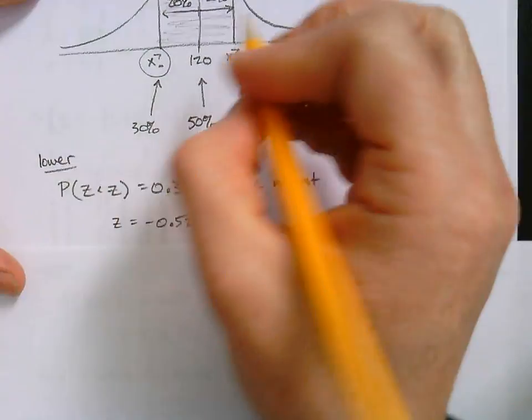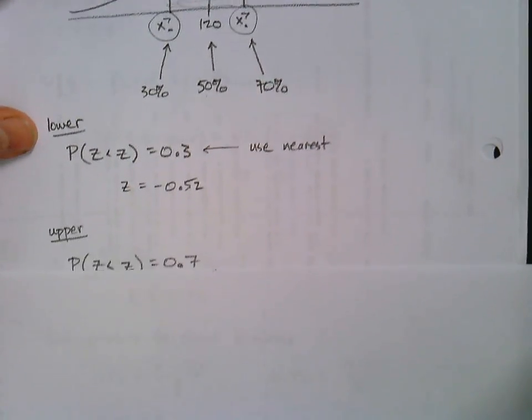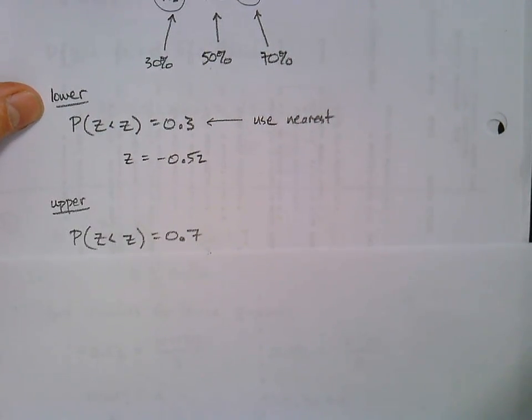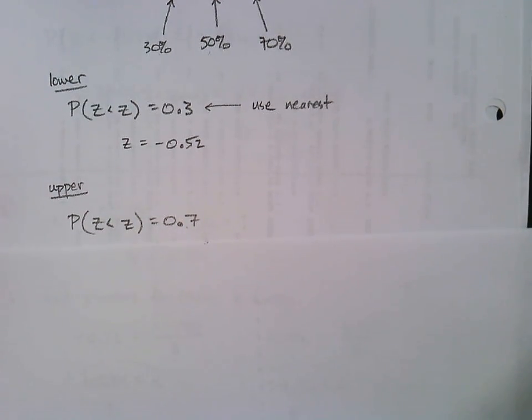I'm going to find the z-score for the upper. So I know that this probability should equal 0.7, 70%. Again, I'm not going to be able to find 0.7 in the table. I'll let you guys take a look while I search for it at the same time.